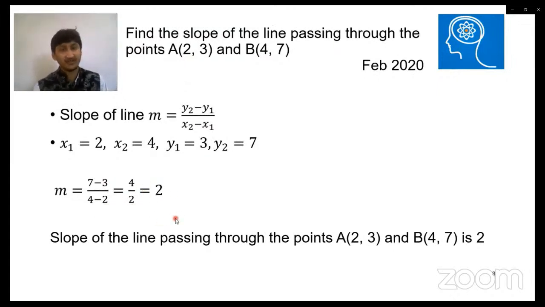So the slope of the line passing through the points A and B is 2.